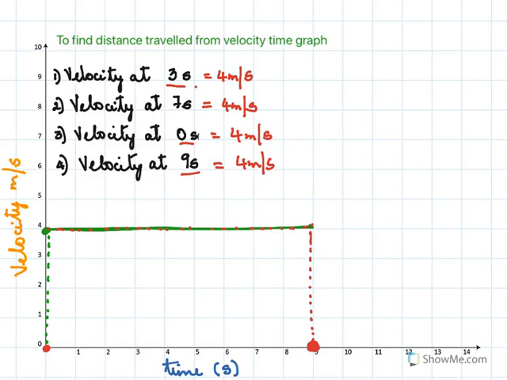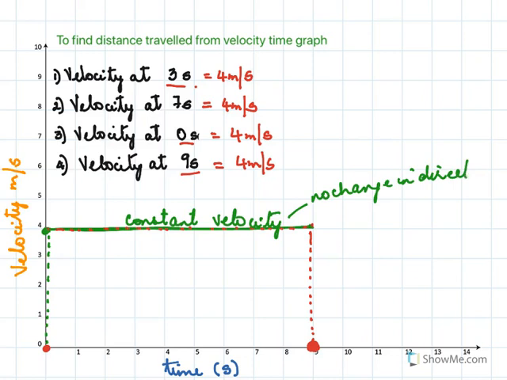So this is a graph of a body moving with a constant velocity. Constant velocity means no change in direction, no change in speed.